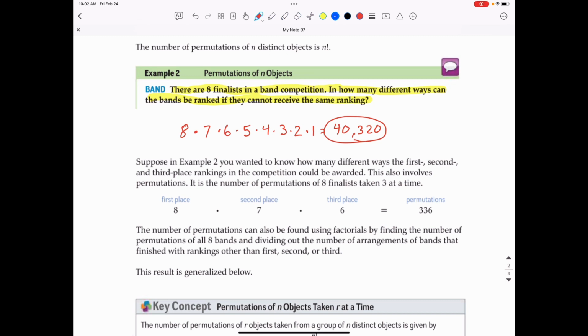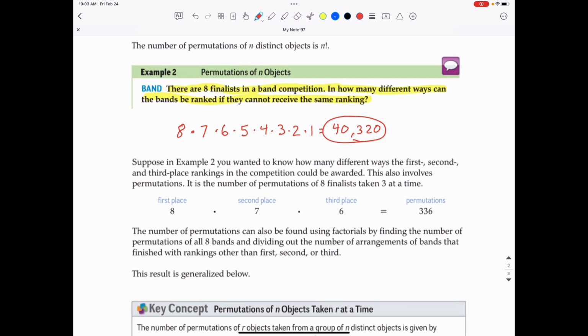Suppose in example 2, though, we wanted to know how many different ways that only the first, second, and third place rankings in the competition could be awarded. This also involves permutations, but since you're only ranking the first 3, we're only trying to figure out which 3 bands could get a gold, a silver, and a bronze.